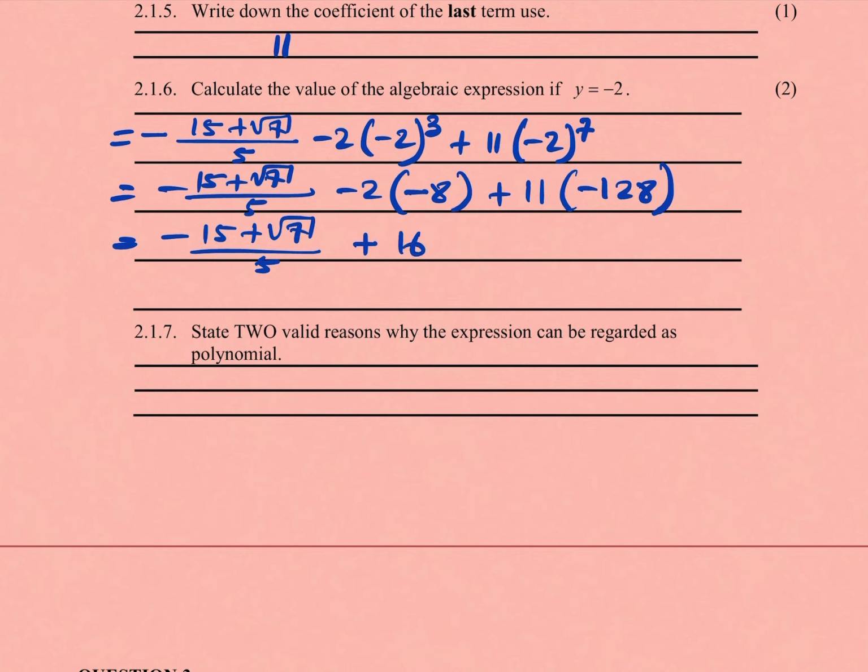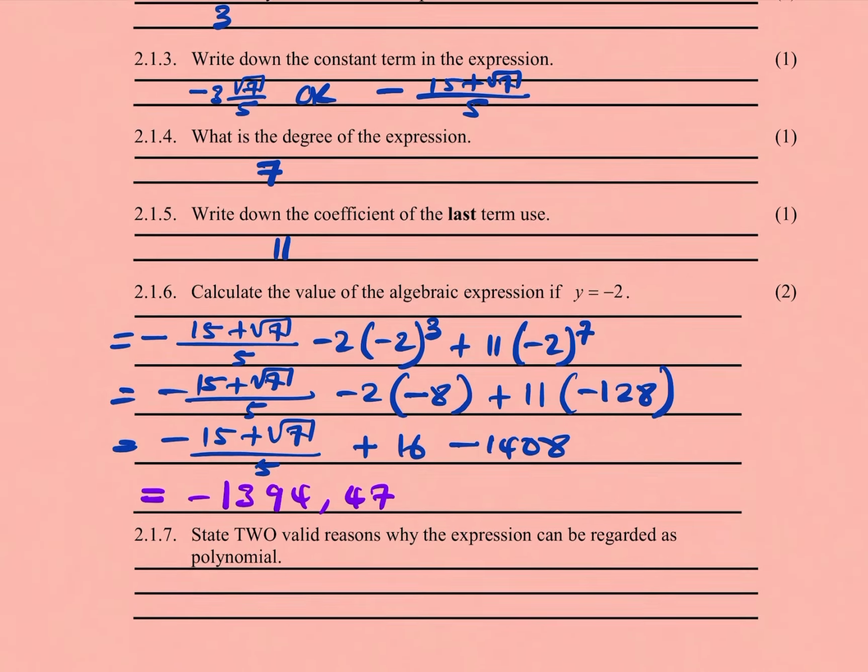And then here it's minus 1408 using the calculator. You can really simplify this and then use the calculator. You're going to get a negative number, 1934,47. That's your answer there.